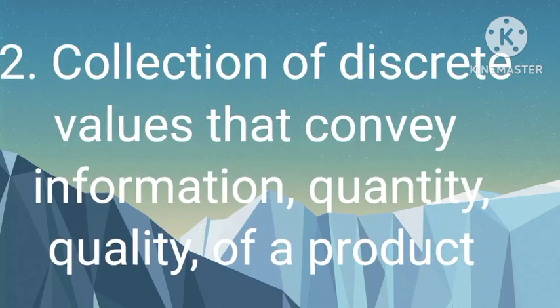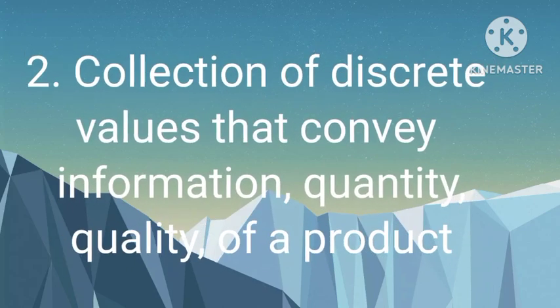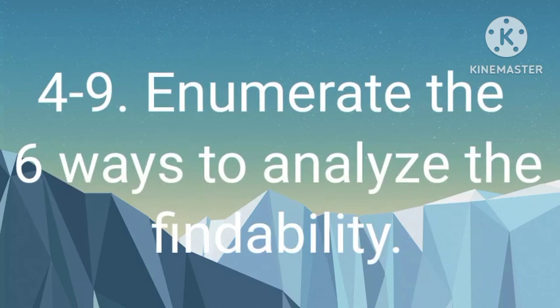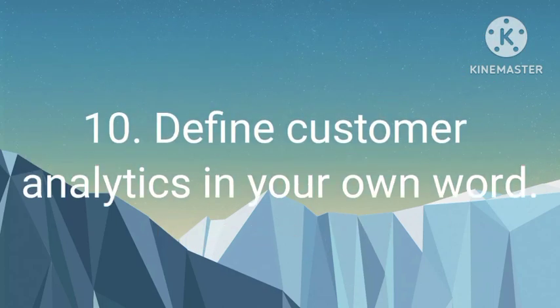The second is a collection of discrete values that convey information on quality, quantity, or of a product. The third one is the process of systematically applying statistical and logical techniques. For numbers 4 to 9, please enumerate the 6 ways to analyze findability. Number 10, define customer analytics in your own words.